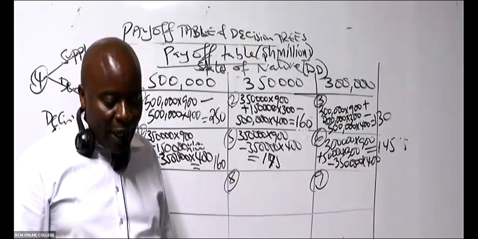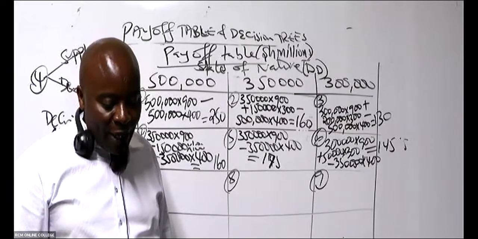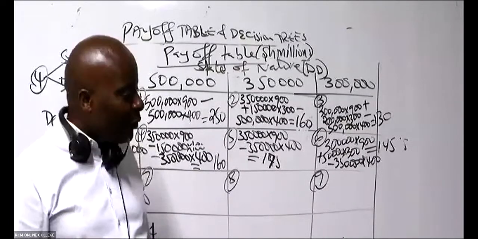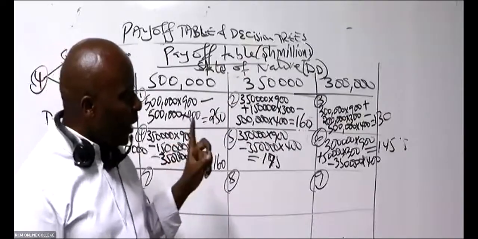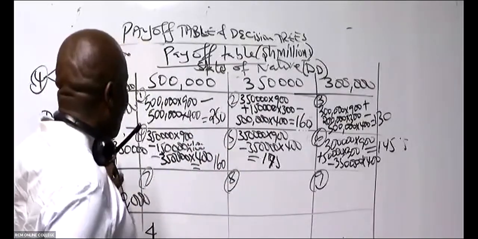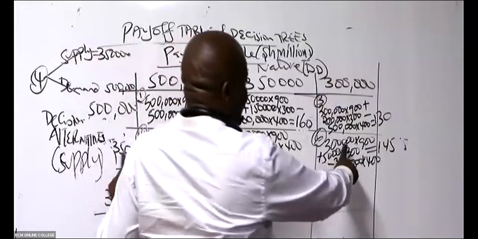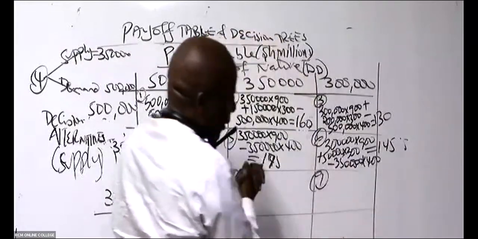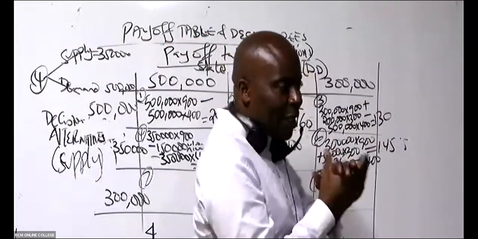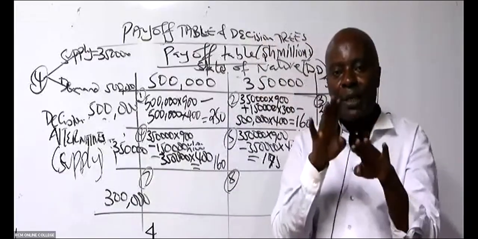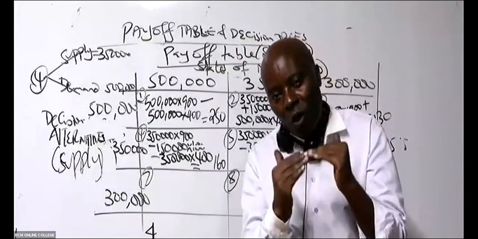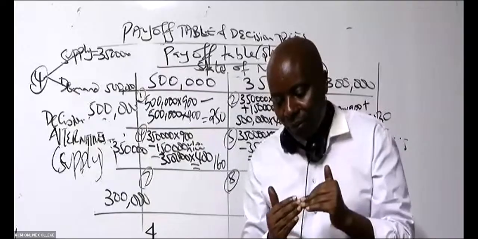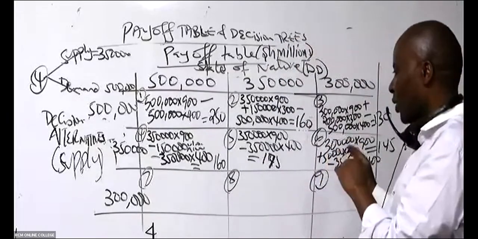Miss Ndrebi anapata 135. 135 kwa nini? Because ukiangalia hapa, supply 350,000, but the demand is 300,000. So we are in agreement. We are selling 300 because always demand supply, you always sell the lower. So we are selling 300,000.